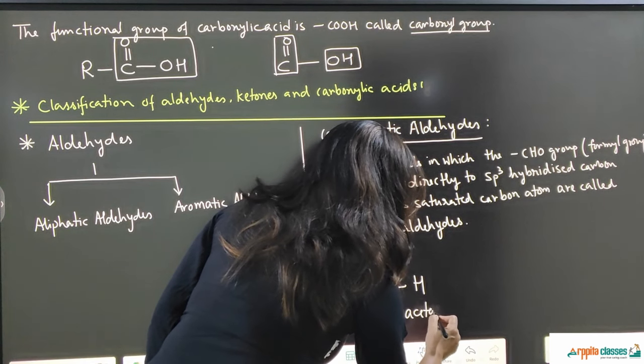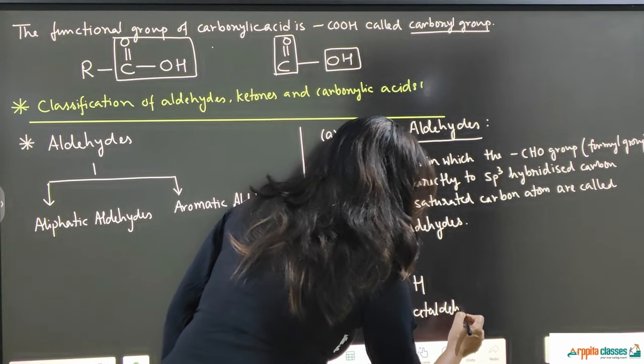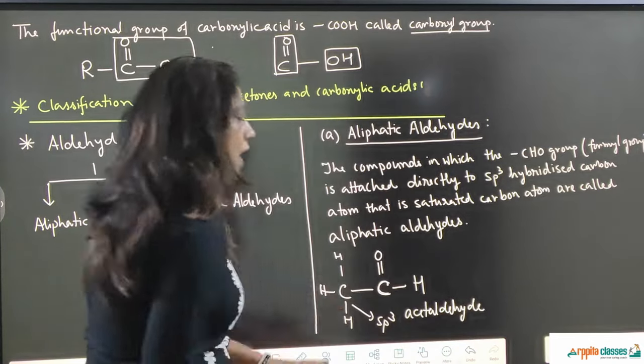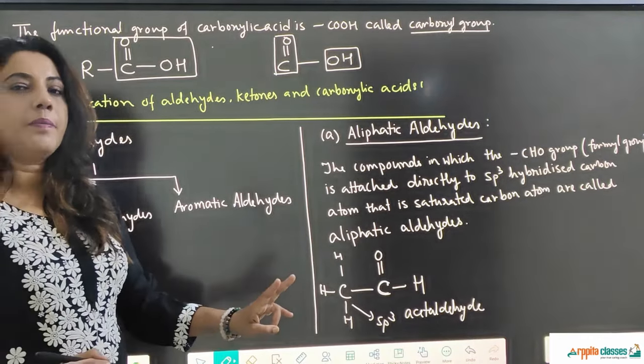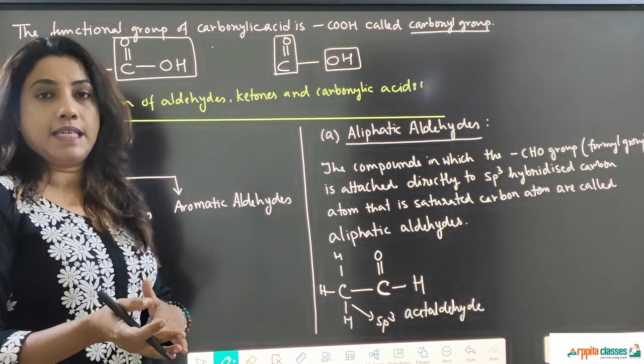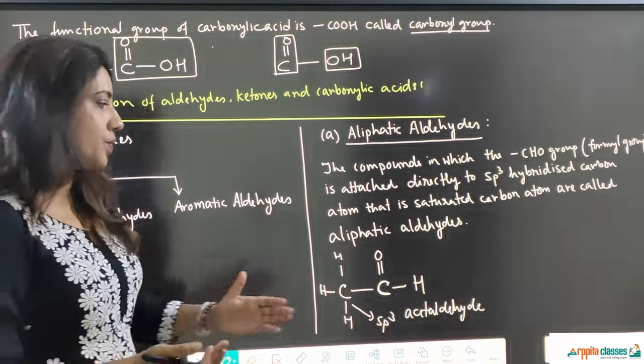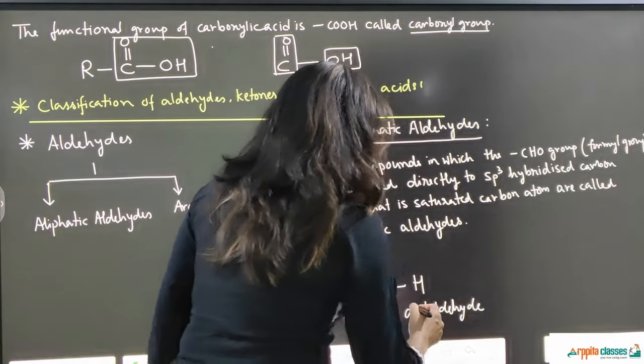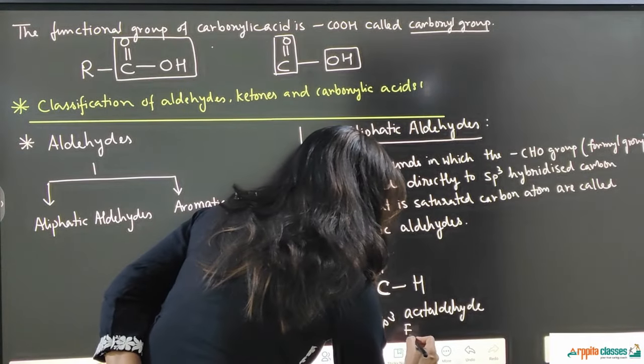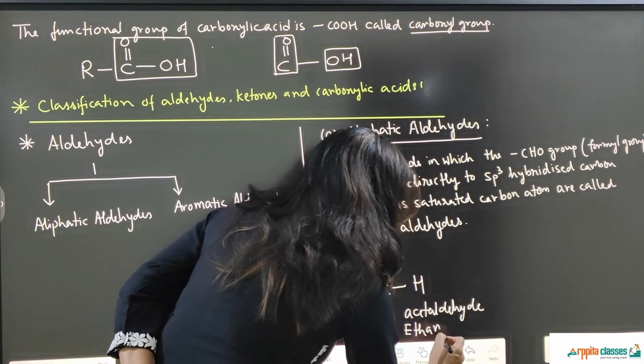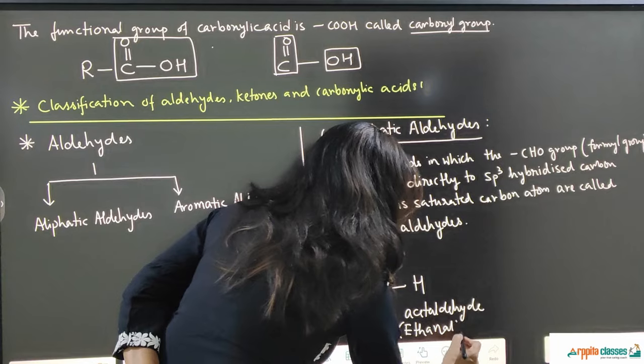For example, this particular aldehyde is called acetaldehyde. This is an aldehyde of two carbon atoms. For two carbon atoms, in common names we say 'aceto'. So this is acetaldehyde, or the IUPAC name will be ethanal. Ethanal is the IUPAC name.